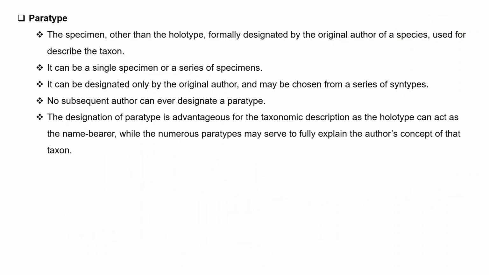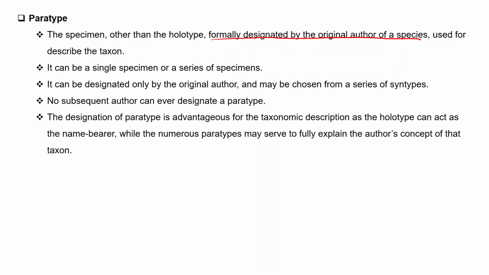Moving ahead, now we come to the paratype. The paratype is a specimen other than the holotype, formally designated by the original author of a species. For example, a particular author described a species using a holotype.